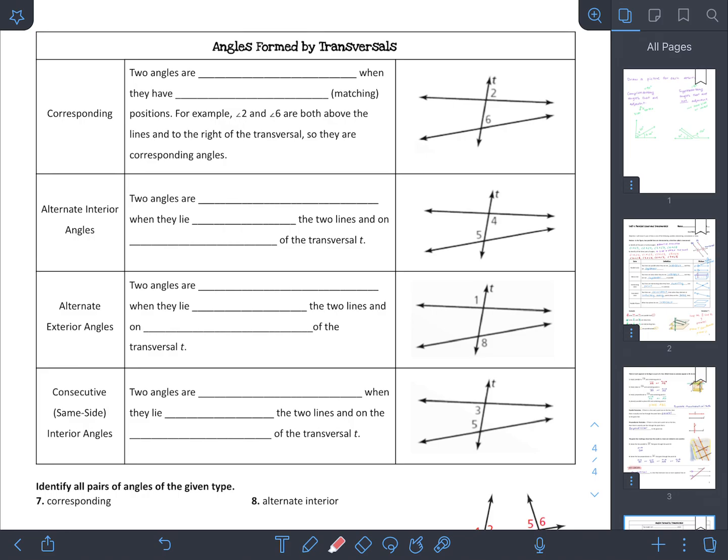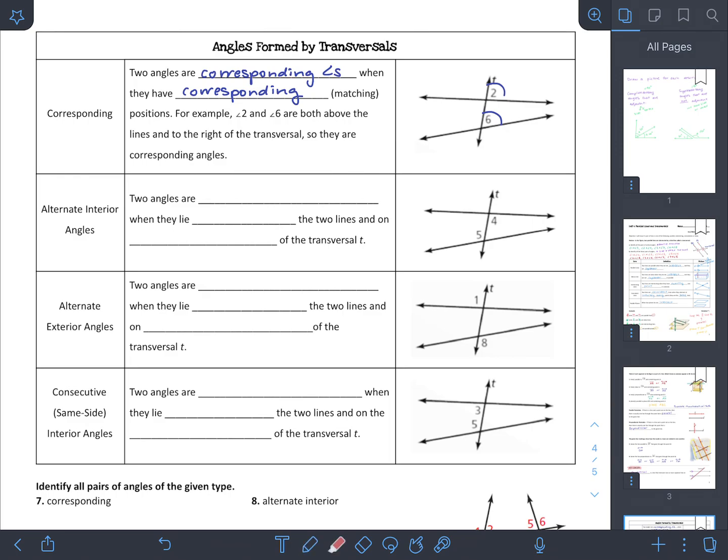First type of angle we have from transversals cutting two lines is corresponding angles. Two angles are corresponding angles when they have corresponding positions. For example, angle 2 and angle 6, both above the lines and to the right of the transversal, so they're corresponding angles.